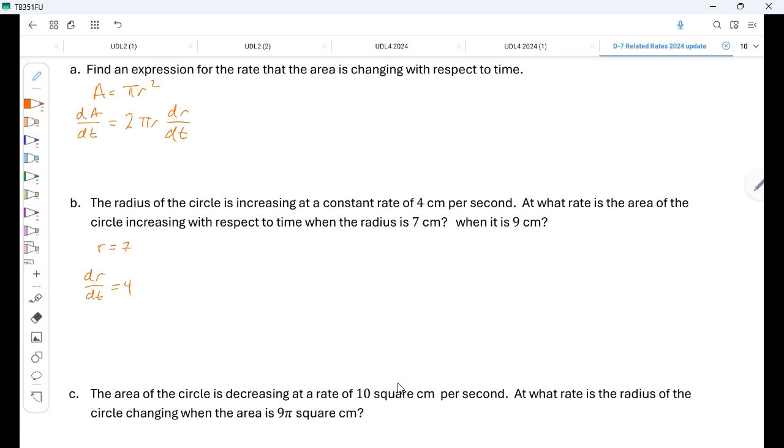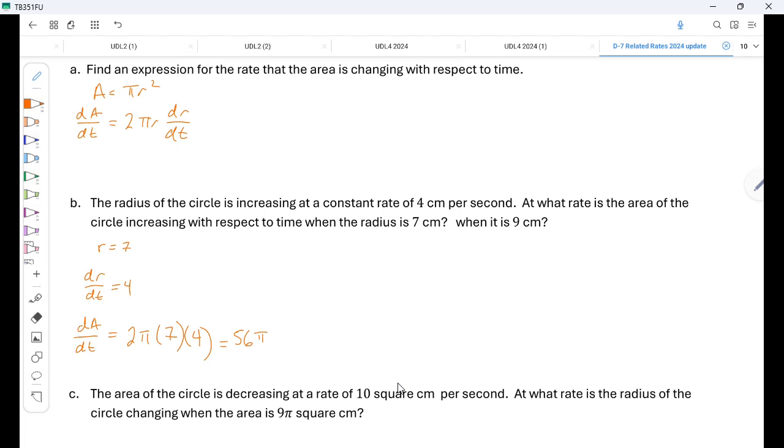And that's all we need to figure out what dA/dt is. It's 2 pi times r times 4, which sure sounds like 56 pi to me.